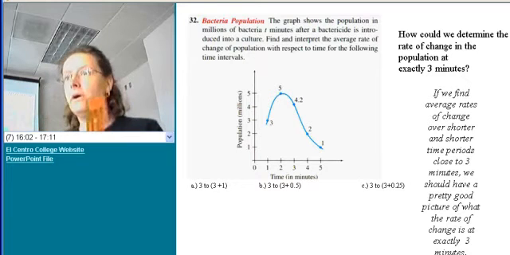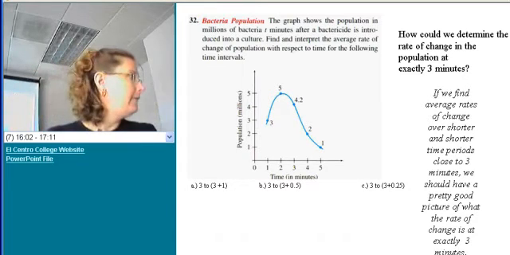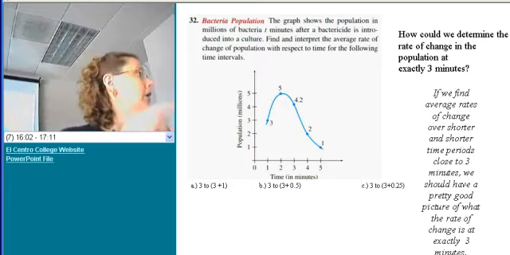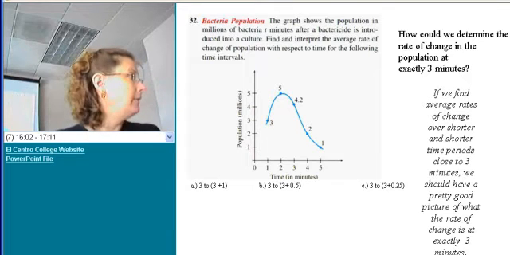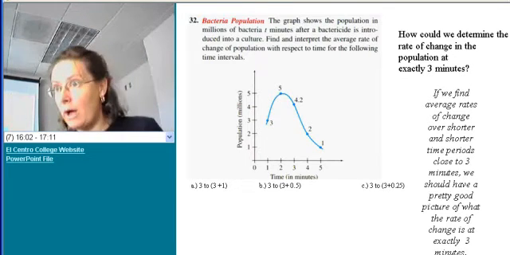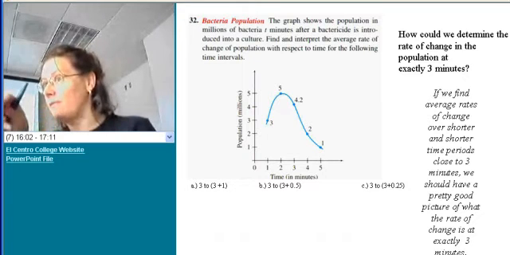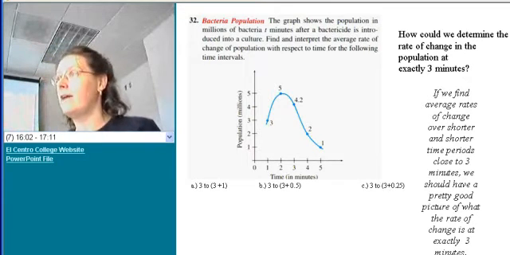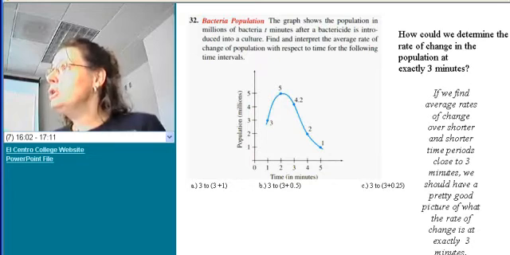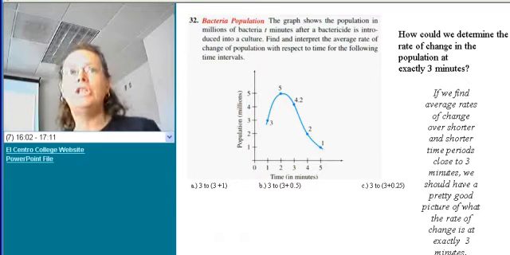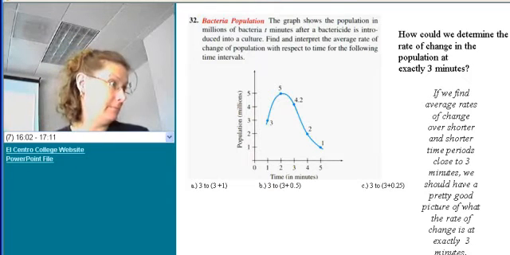So we did from 3 to 4, then from 3 to 3.5. Then if we had more time, I would go from 3 to 3.25. Then you could go from 3 to 3.01. You could get your graph where you could get a good reading from the graph for that. If we get closer and closer to that, we should be getting something that's reasonable for us to say, what is the rate of change at exactly 3?